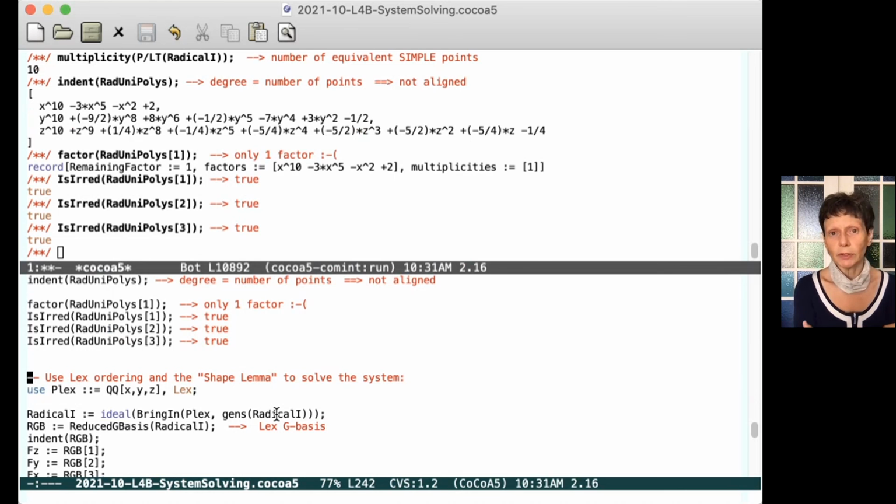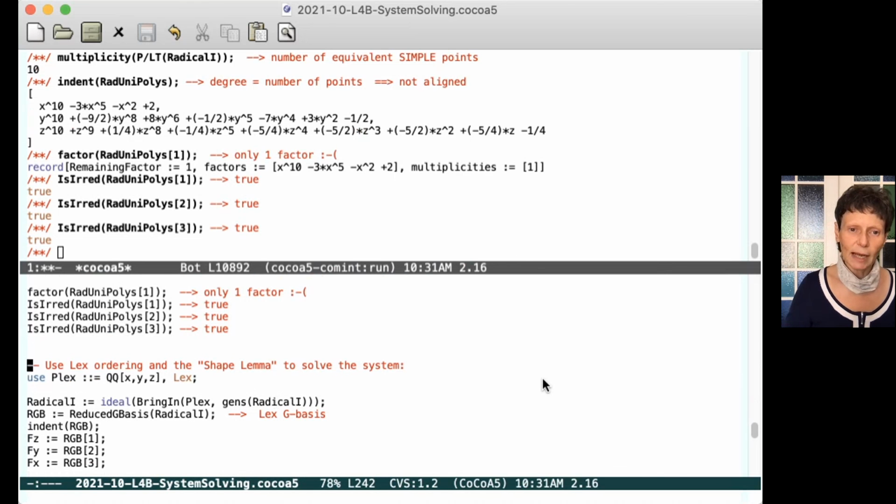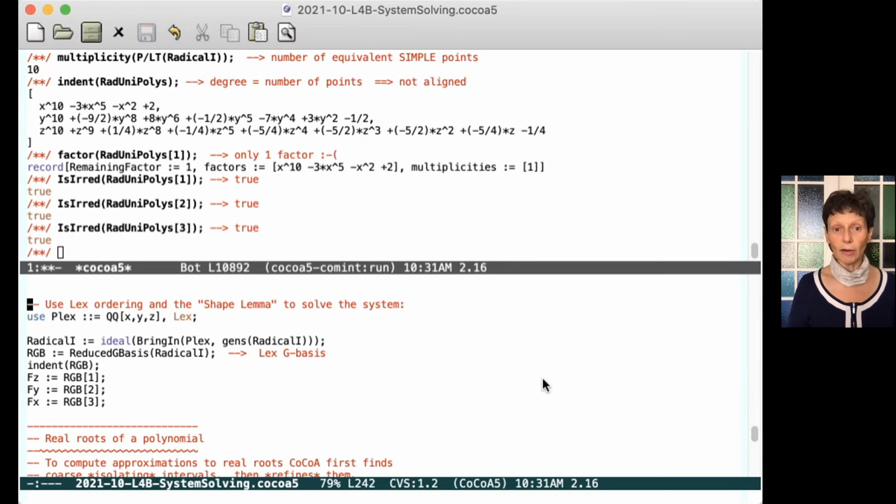What can we do at this point? We cannot find with the factorization the x coordinates. So we now use something very powerful. We use the lexicographic Gröbner basis, and we saw in one of the previous lectures that the lexicographic Gröbner basis seems to have a nice shape.